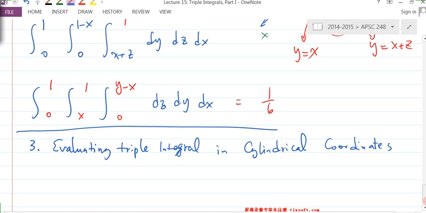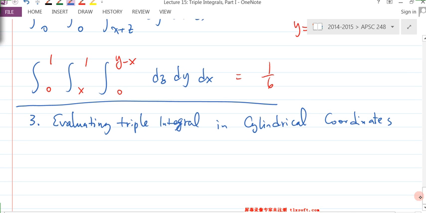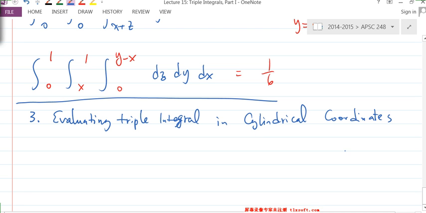Just bear in mind, you're probably wondering what's the hassle with all these different coordinates? It's essentially that you look at things from a different perspective. So, a transformation. Let's look at what cylindrical coordinates are.